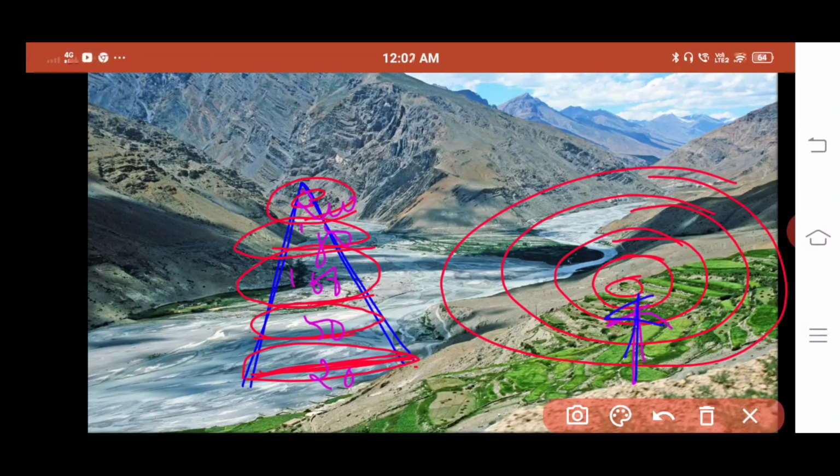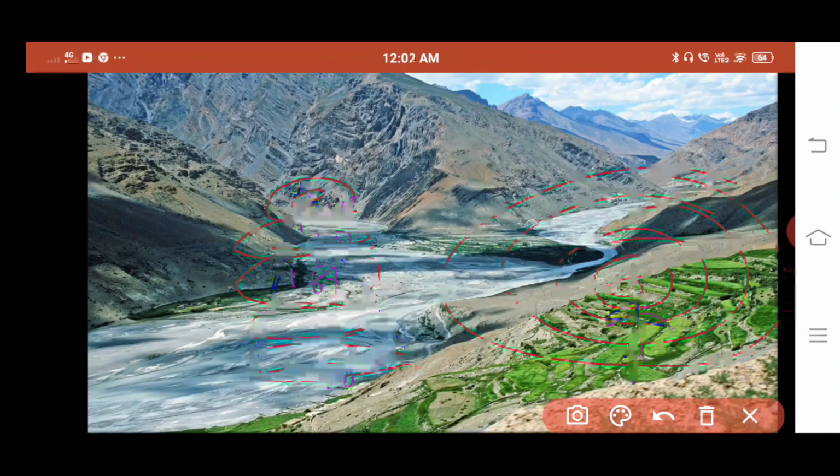In your textbook many examples are given, contour lines of different shapes: gentle slope, steep slope, plateaus. How these contour lines are drawn to measure the height of a particular object, and how it is shown on the map, has been given very clearly, my dear children.